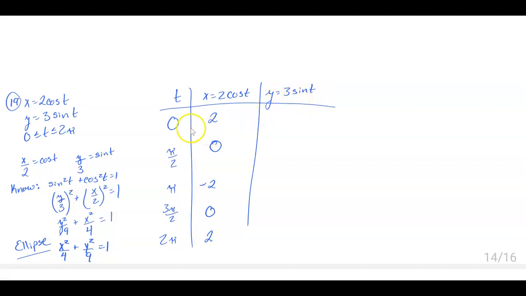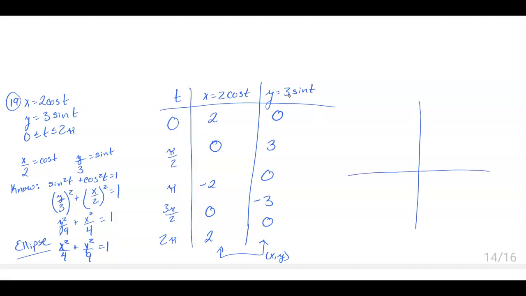Now we're going to figure out y coordinates. Plug 0 in, 3 times sine of 0 is 0. Pi over 2, 3 times sine of pi over 2 is 3. Plug in pi, plug in 3 pi over 2, plug in 2 pi. So remember, these are xy ordered pairs. So we're going to think about our graph here.